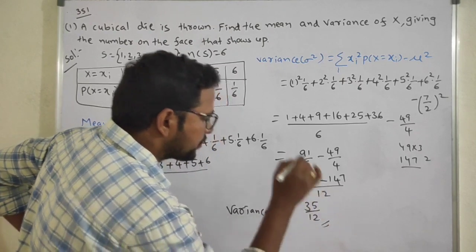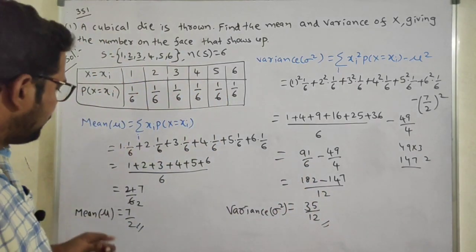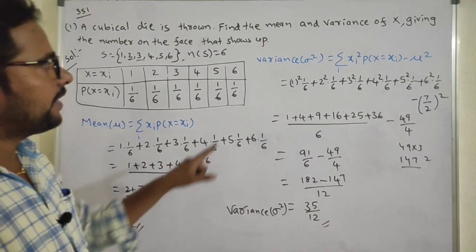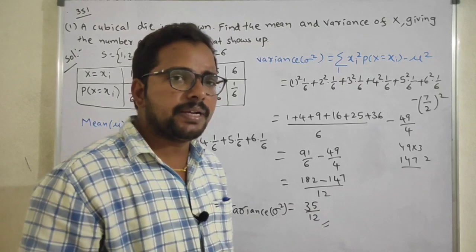Variance sigma square is equals to 35 by 12. The mean mu is equals to 7 by 2 and variance sigma square is equals to 35 by 12.